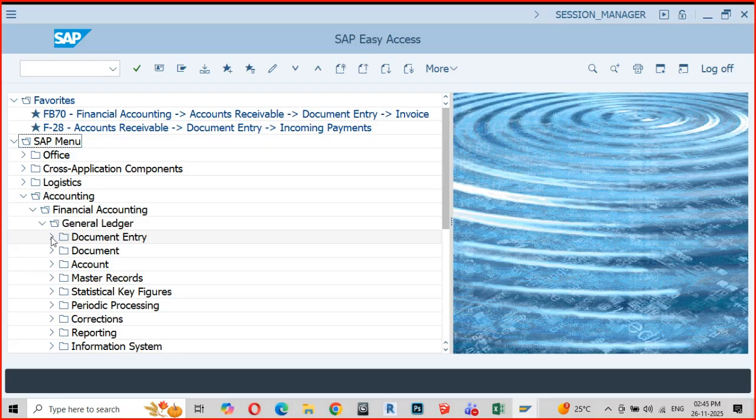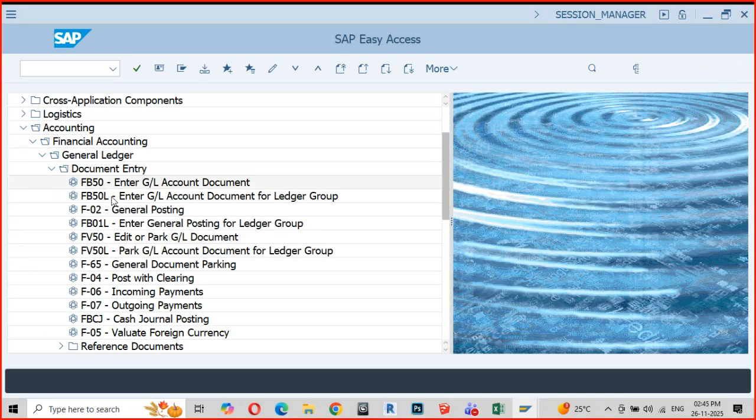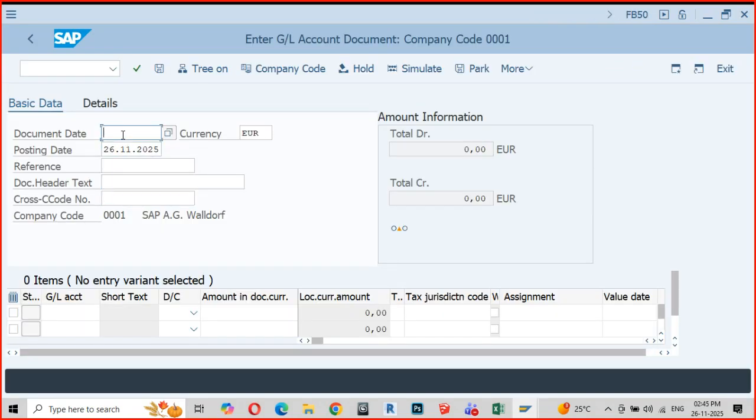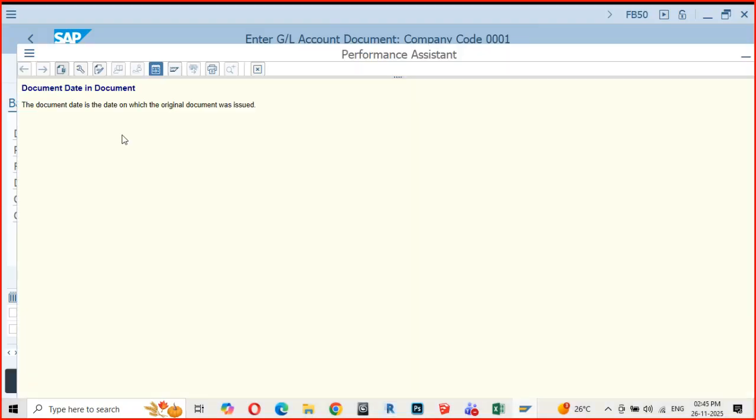Let me enter into a document. Now what is a document date? You and I know what a document date is. The technical person will not know. So here I press F1. The document date is the date on which the original document was issued.